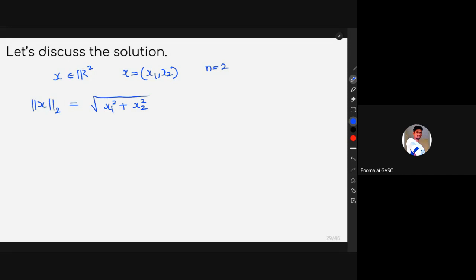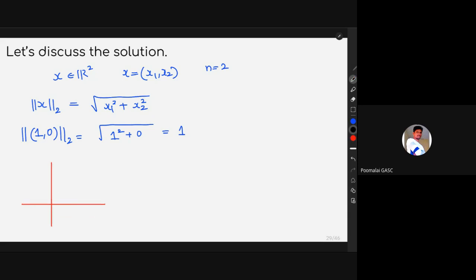What is this? If I try to draw this, for example, if I calculate the length of 0 comma 1 in this norm, what will be its length? It will be 1 square plus 0 square, so 1. We already know that 0 comma 1 is a vector in the xy plane, and its length is 1.